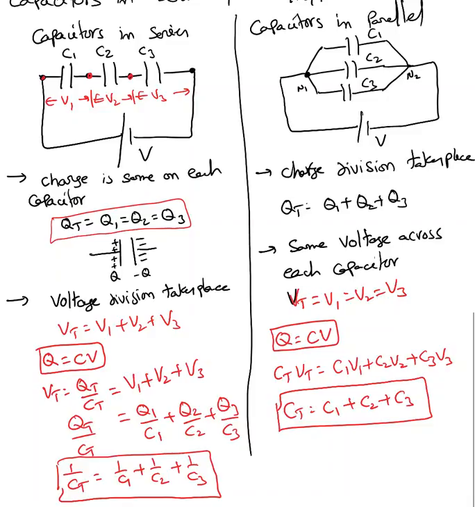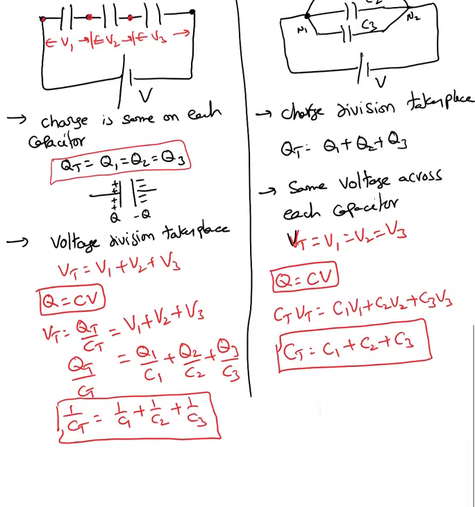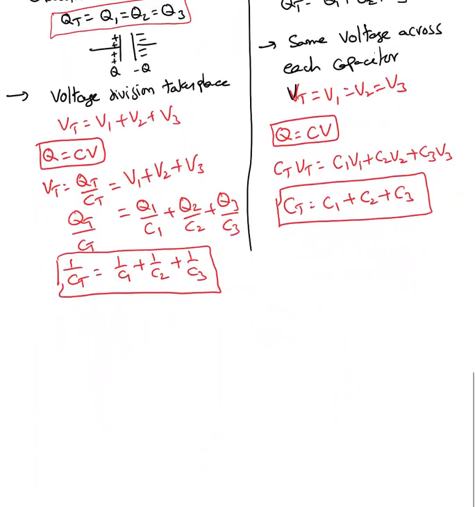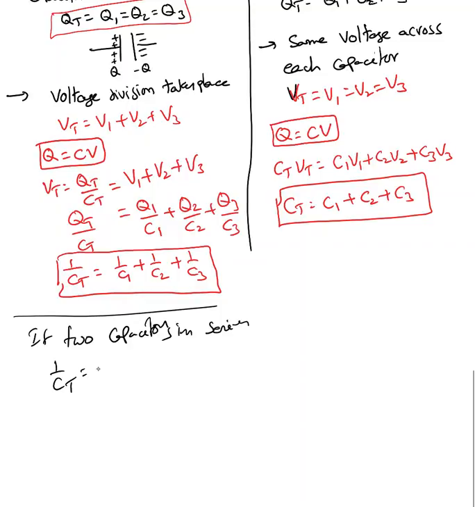Now, if two capacitors are in series, 1 over C total equals 1 over C1 plus 1 over C2, so I can write it with C1 C2 as the common factor, and so C total equals C1 C2 multiplied in the numerator and added in the denominator.